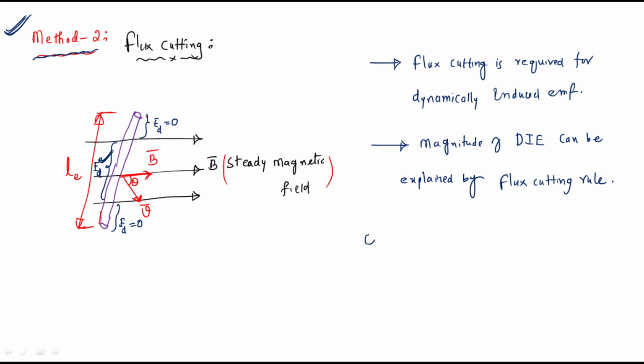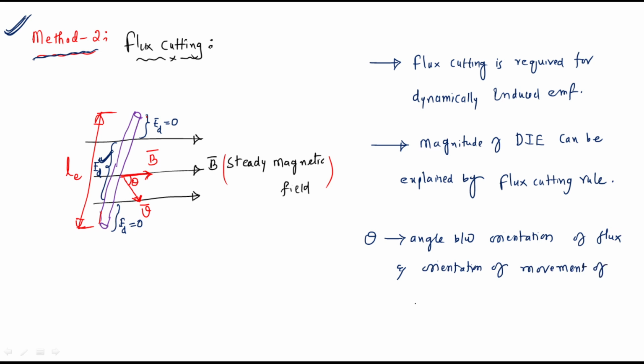Here theta is nothing but what? The angle between the orientation of flux and the orientation of movement of the conductor, right? Now we have the magnitude. How can we calculate the magnitude?